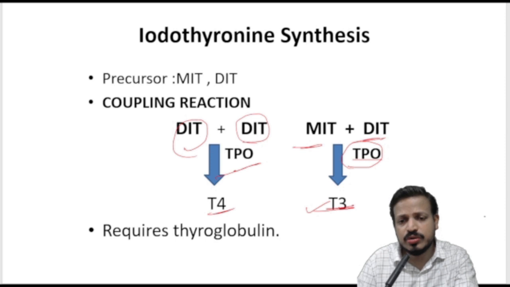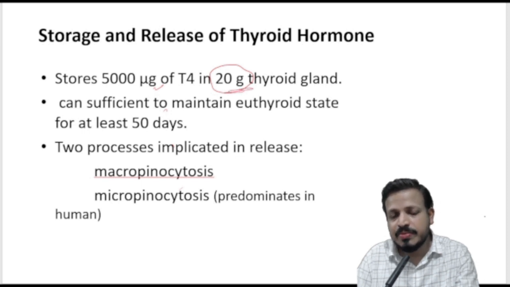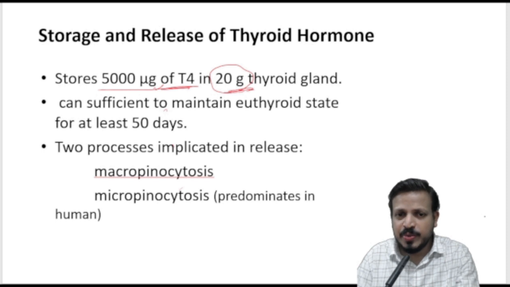Then coming to storage and release of thyroid hormone. The weight of the thyroid gland is approximately 20 gram, and this 20 gram thyroid gland stores approximately 5000 microgram of thyroid hormone, and this is sufficient to maintain the body in a euthyroid state for at least 50 days.